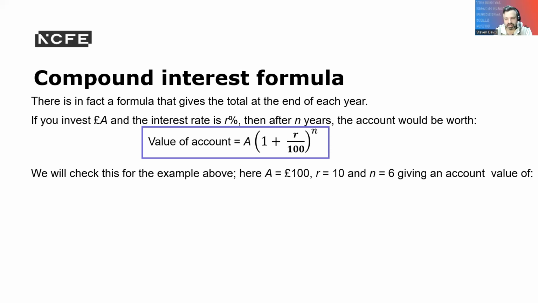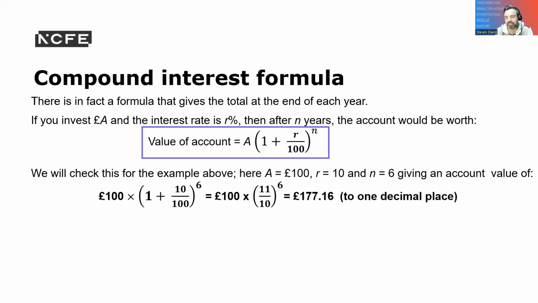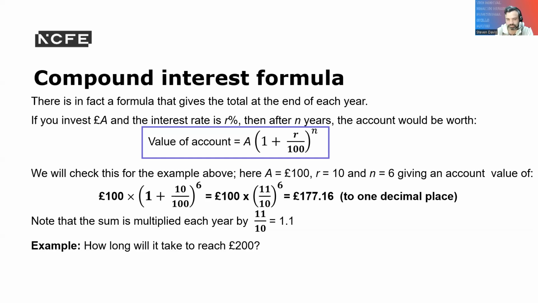So we can check this out with the example where A equals £100, R is 10%, and N is 6, giving an account value of 177.16 to 2 decimal places. Note that the sum is multiplied each year by 11 divided by 10 equals 1.1.